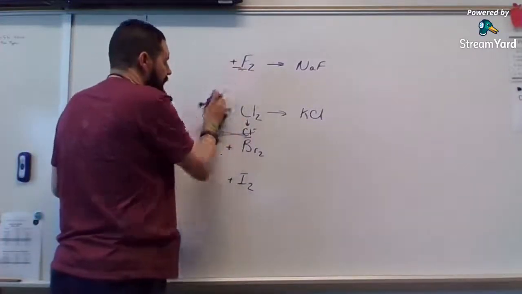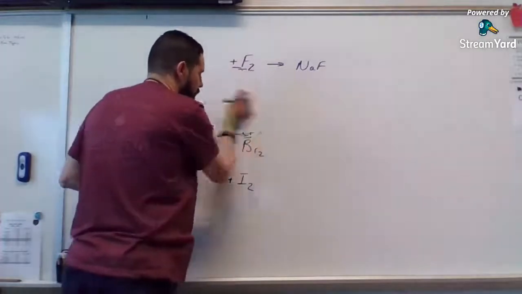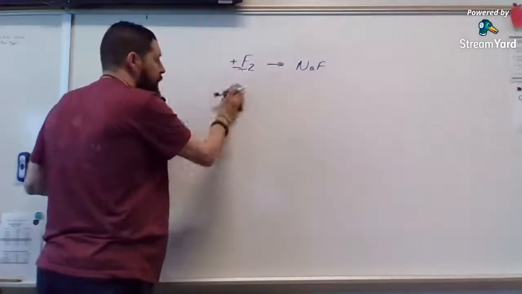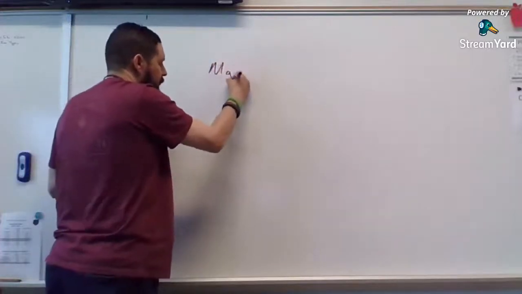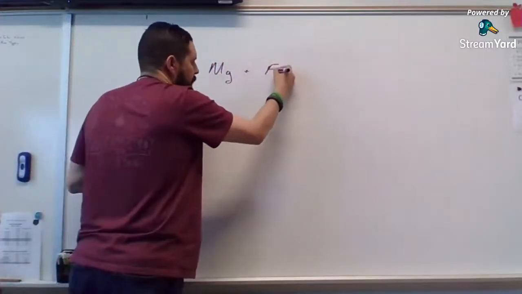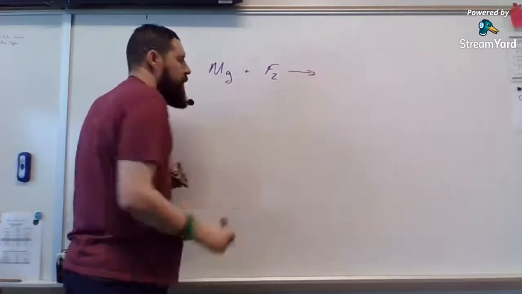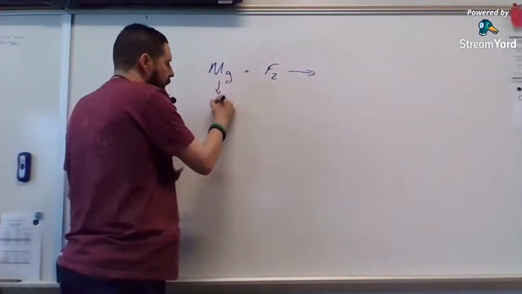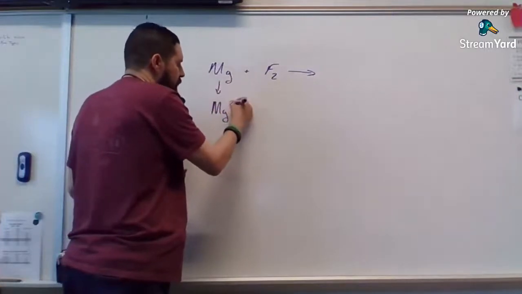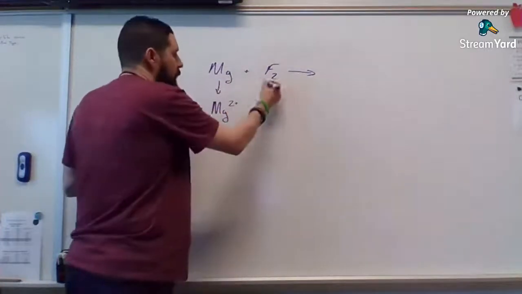If I am now dealing with a group 2 metal combined with a halogen, I can look at magnesium reacting with something like fluorine. Again, as we've been doing, I'm going to think about the fact that magnesium has a 2+ charge.